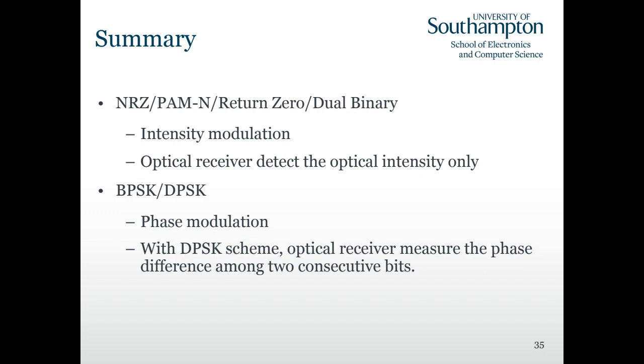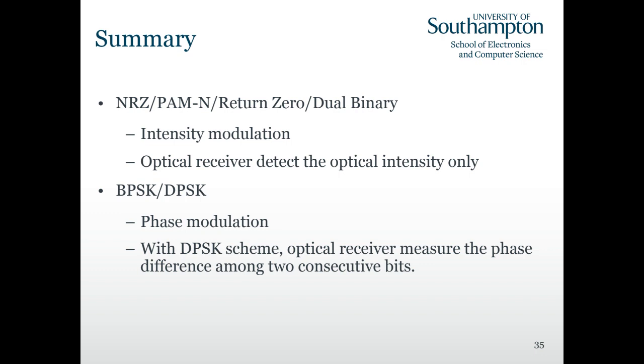So all of these are intensity modulation. The receiver only detects the amplitude, the optical power. And then for coherent detection, when we modulate the phase, we need a local laser and polarization control. In order to mitigate this hardware complexity, we use DPSK, which utilizes the delayed version of its own signal as reference.